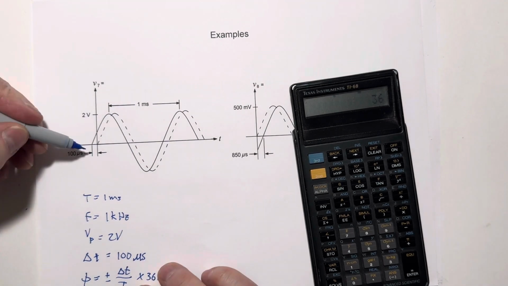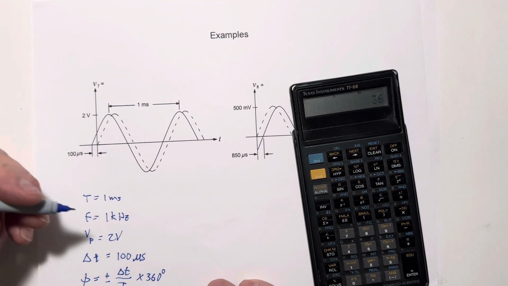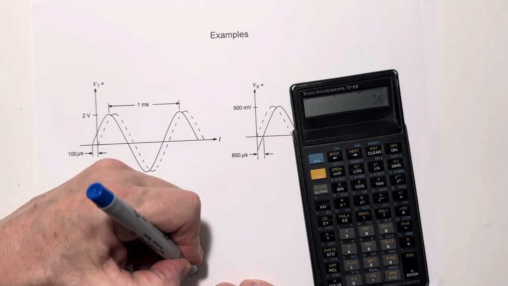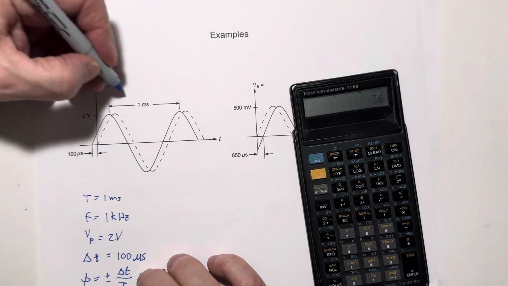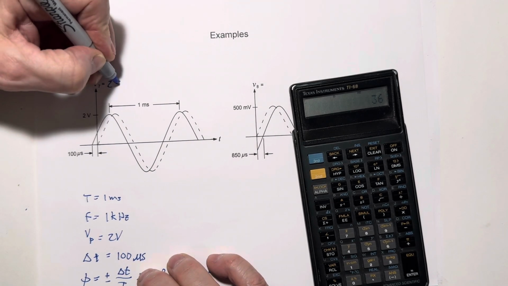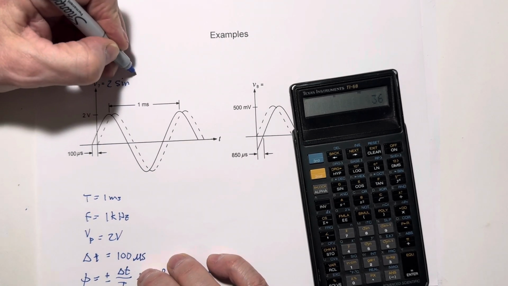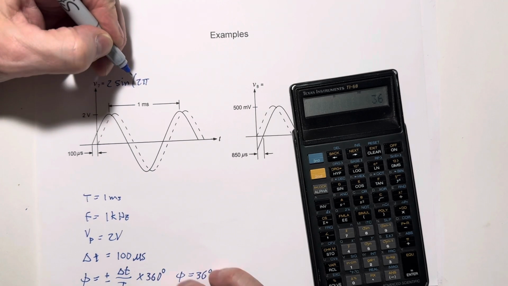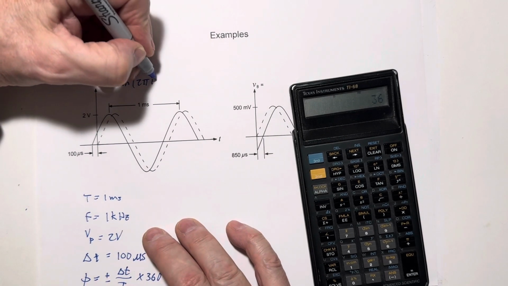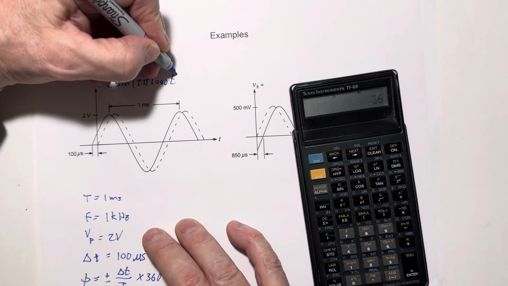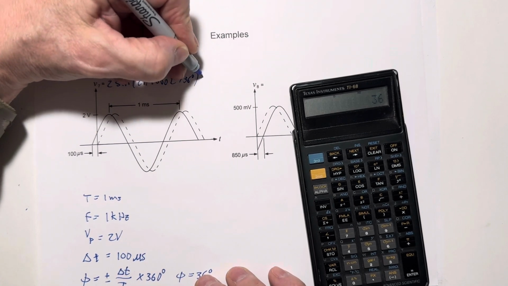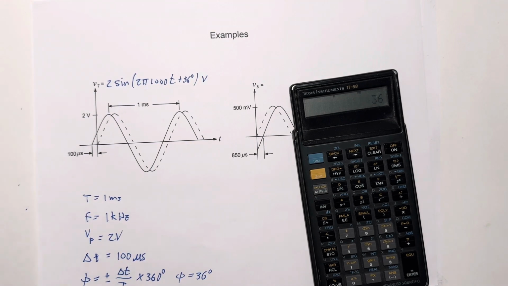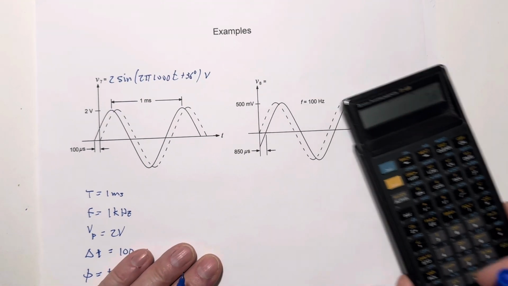So here we have a leading phase angle of 36 degrees. V7 would be written as 2 sine 2 pi 1000 t plus 36 degrees volts. So we have a sine wave with a positive 36 degree phase shift.